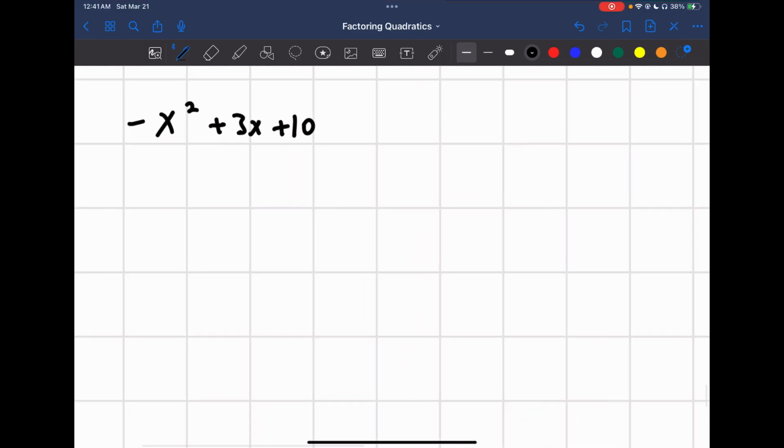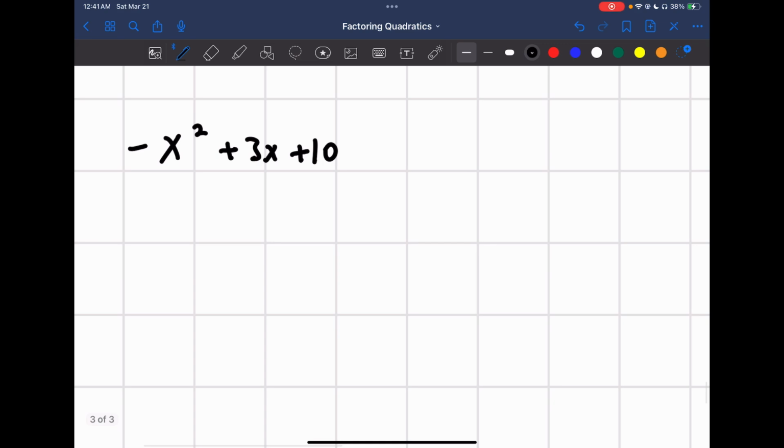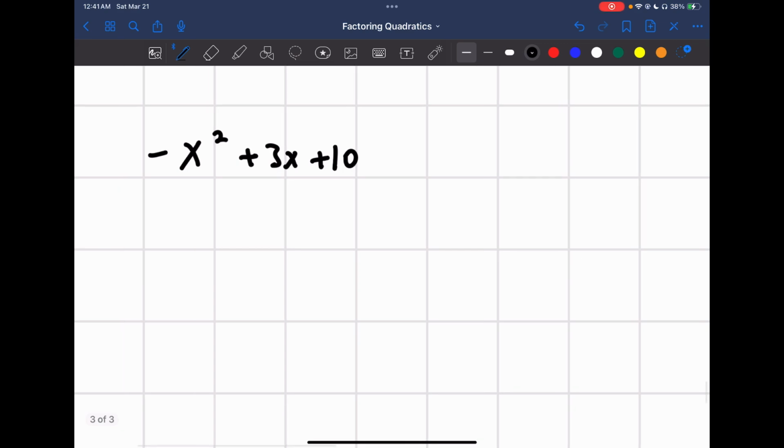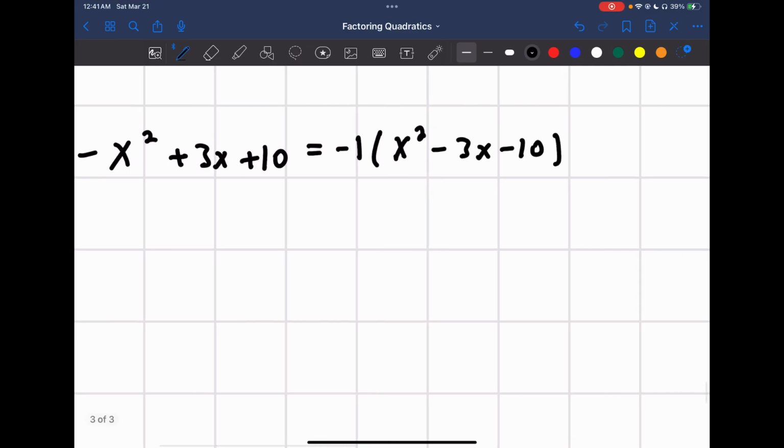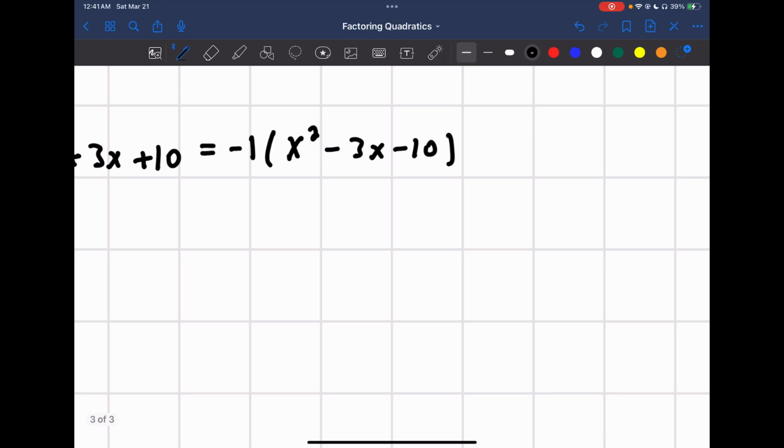In our next example, we have minus x squared plus 3x plus 10. So one thing we could do is factor out a negative 1, and this would flip all the signs on the inside of the bracket. So it would be x squared minus 3x minus 10. And now we just work with everything on the inside of the bracket.